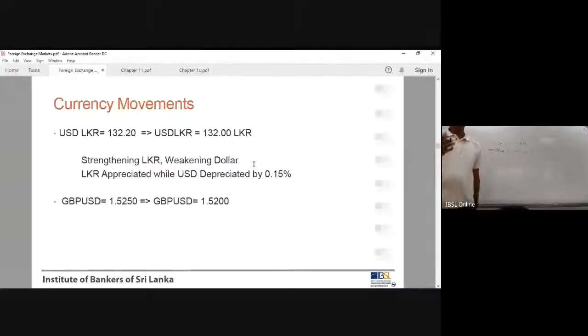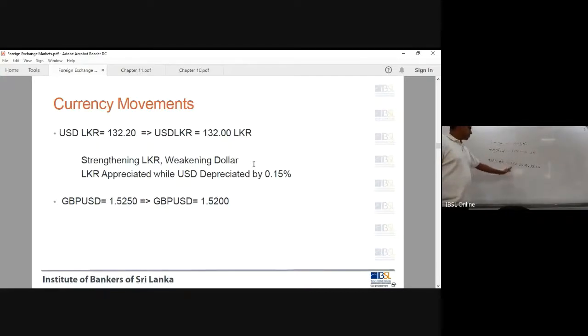In this example, dollar rupee 132.20 has come down to 132.